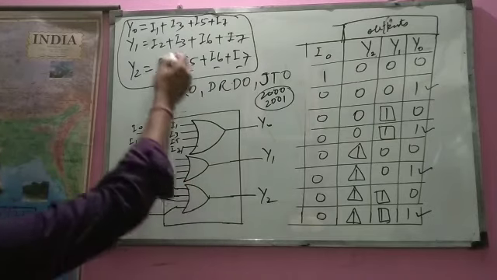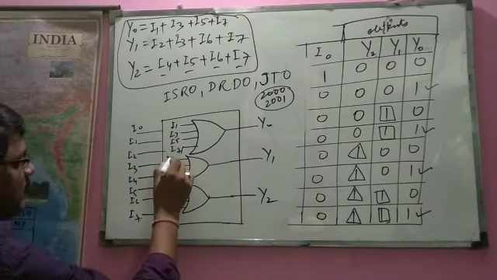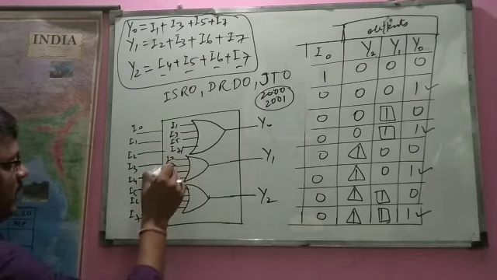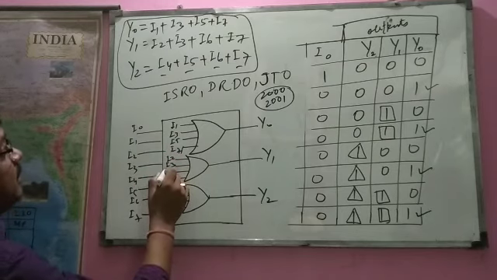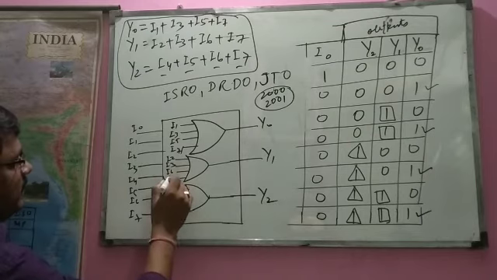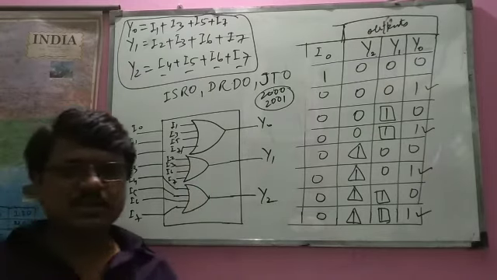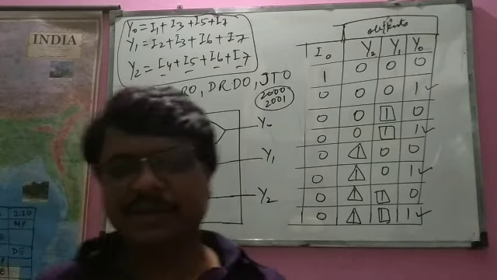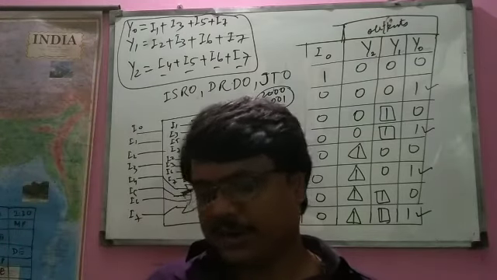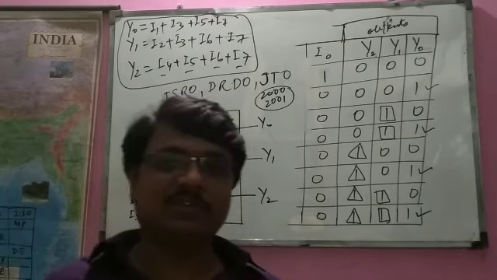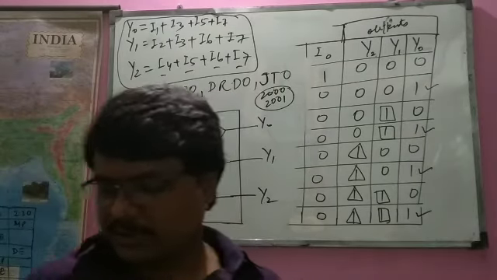See, connect it with I2, I3, I6 and I7. That is very simple. This encoder circuit contains only OR gates. So I think it will be very, very beneficial to you, that encoder circuit.